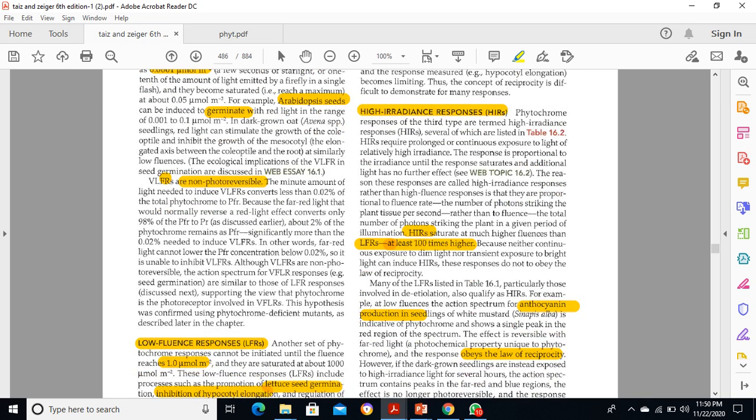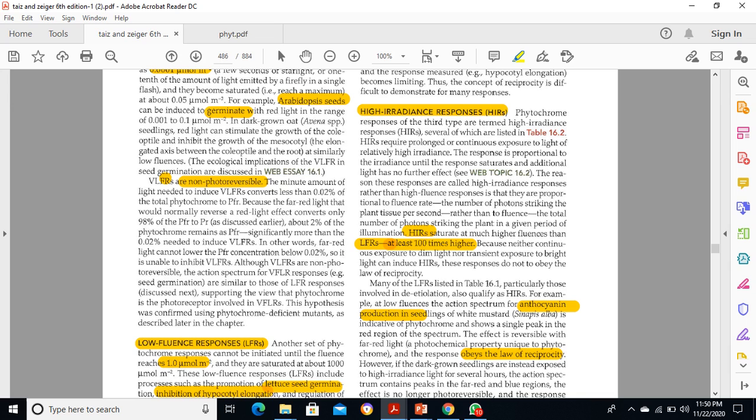Then here VLFR obeys the law of reciprocity. Now what is the law of reciprocity? See, bright light mediates certain responses, isn't it? The long exposure of bright light executes certain responses.